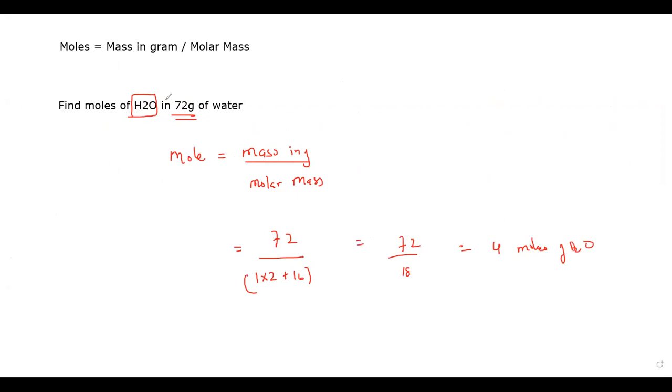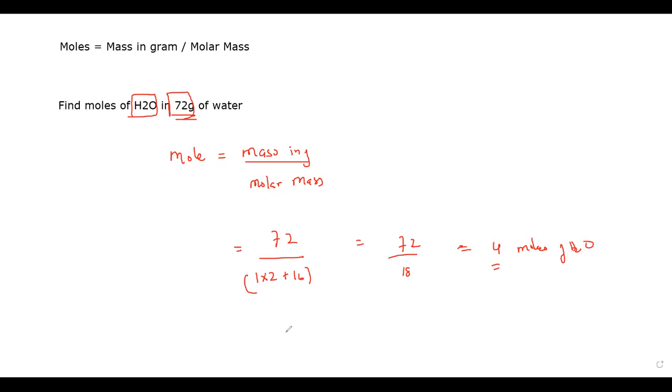So actually, in 72 grams, how many moles of water are present? It contained 4 moles of water. Is it clear, this example, to everyone? That's the first formula of finding moles: moles equal mass in gram divided by the molar mass.